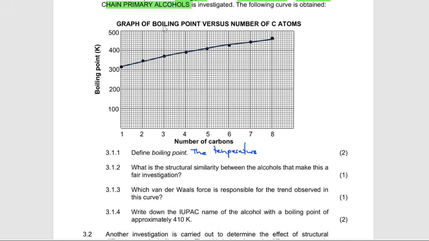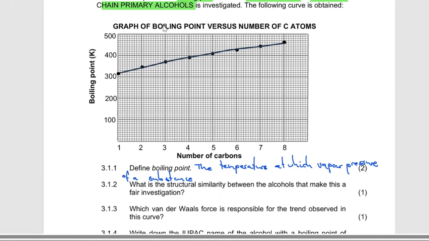So it's the temperature at which the vapor pressure of a substance equals atmospheric pressure. So this is how we define the term boiling point, right?